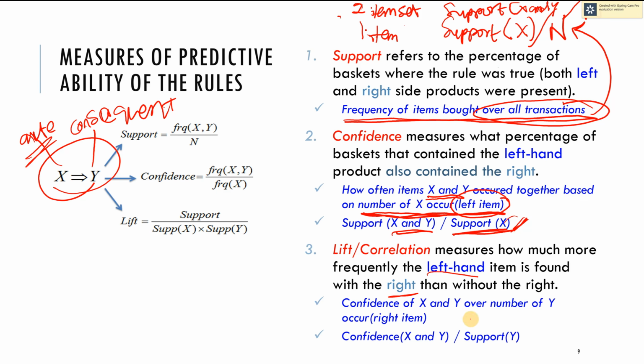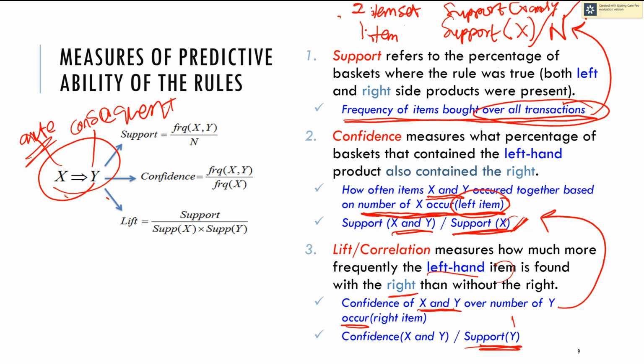In simpler words, it is the confidence of X and Y over the support of Y. Previously we divided over X, but now we are going to divide over the frequency of Y. So the formula would be the confidence of the item set X and Y over support of Y, which is the right side item here.